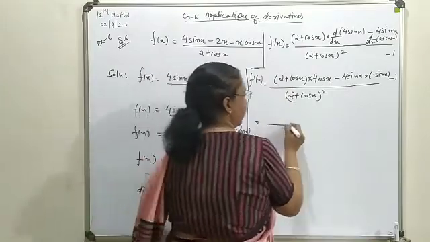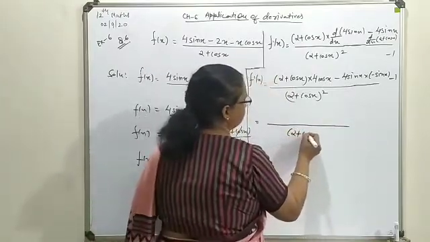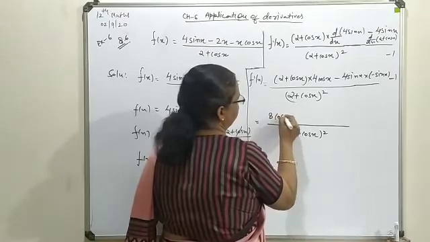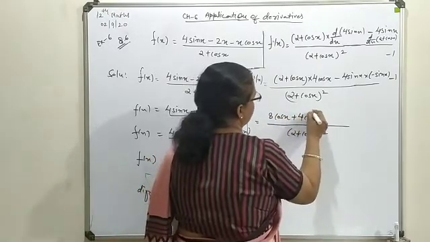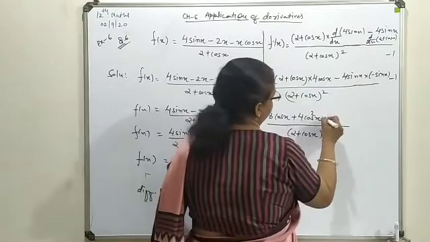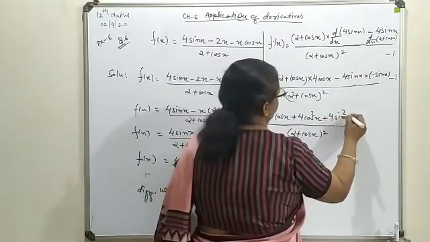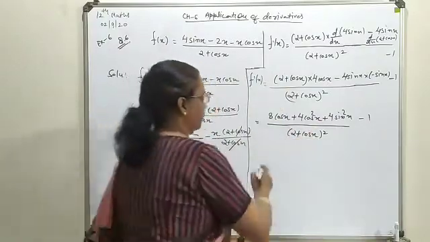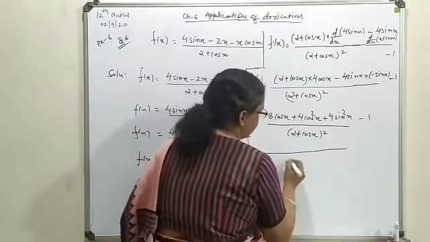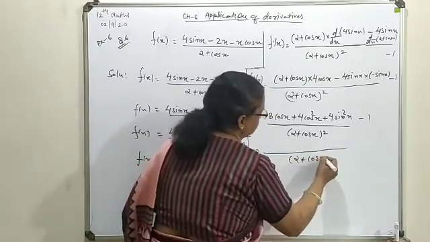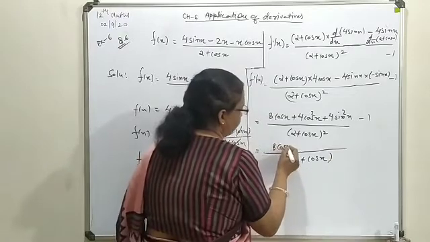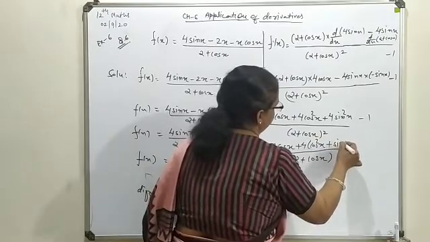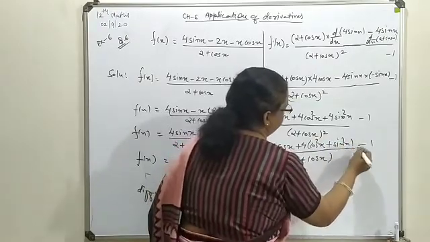Now further combine them for the simplified form. Here you multiply, so this will give you 8 cos x plus 4 cos square x. This minus minus plus will generate 4 sin square x, with this minus 1 outside. Here you can take 4 common, so the basic identity you are all familiar with will produce 8 cos x plus 4 times cos square x plus sin square x, minus 1 as a separate term.